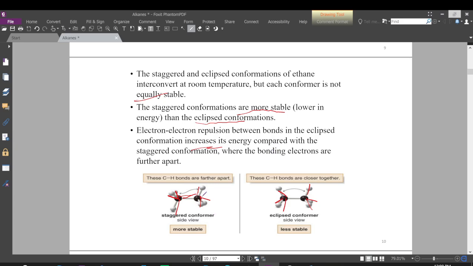But in the eclipsed conformation, the carbon-hydrogen bonds are closer together relative to the staggered conformation, so the electron repulsion is high. If something is lower in energy, it is more stable; if it is higher in energy, it is less stable. That's why the staggered conformation is more stable than the eclipsed conformation.